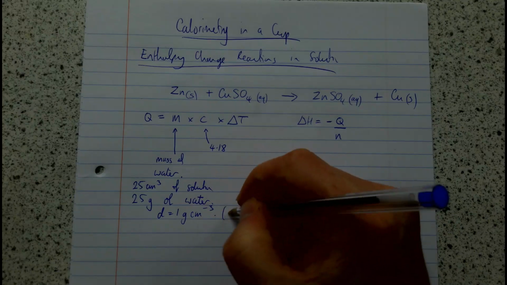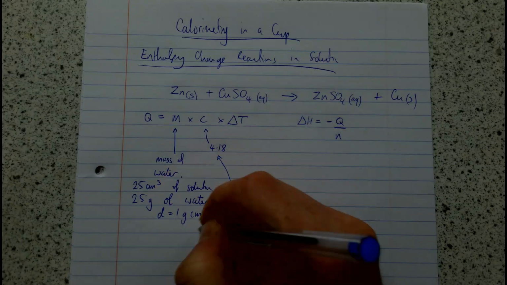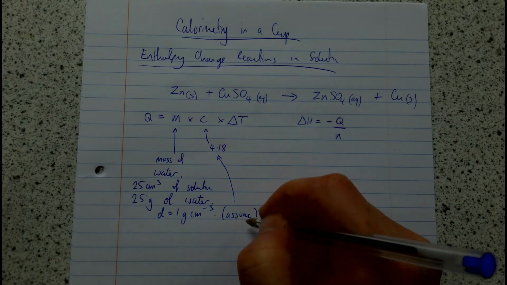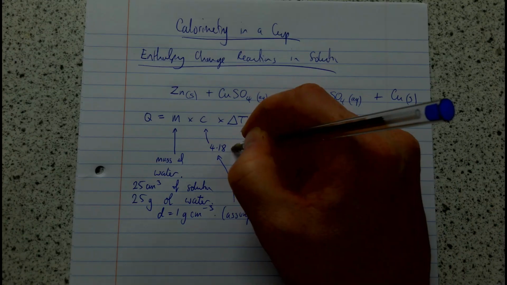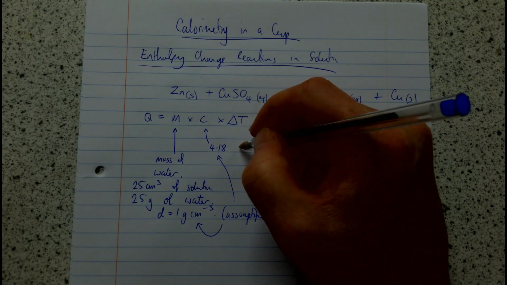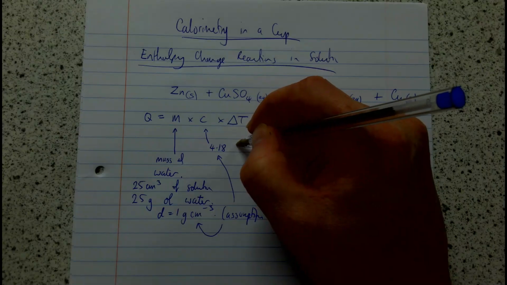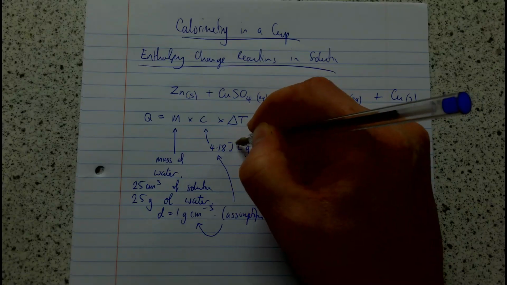Perfectly reasonable, but it is an assumption and we need to know these sorts of details. It's in joules per degree C per gram.